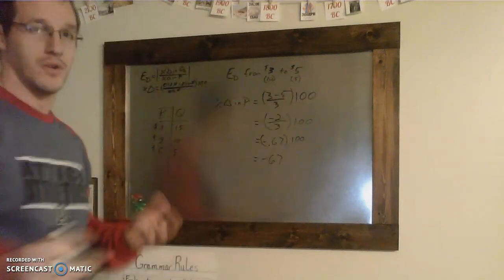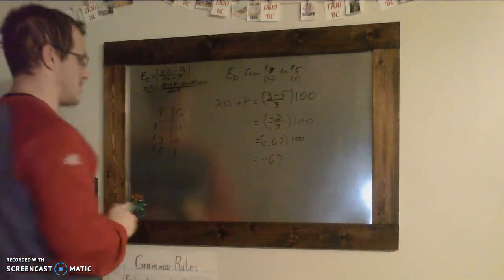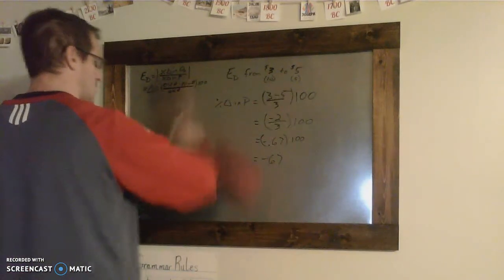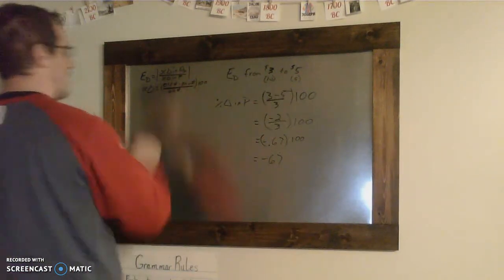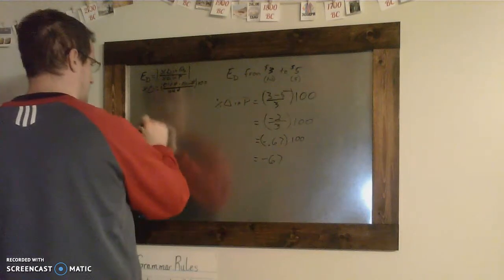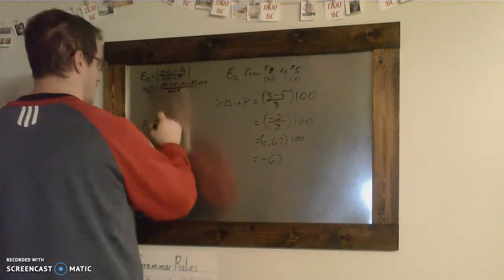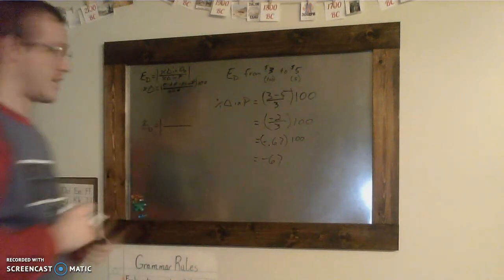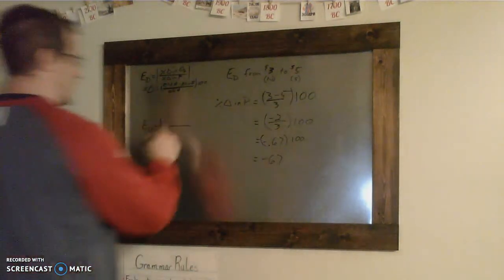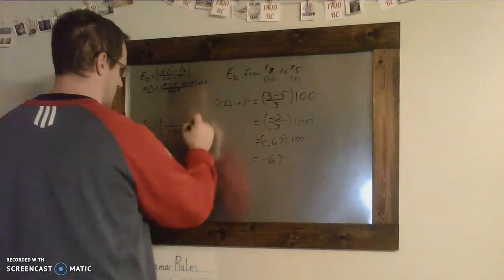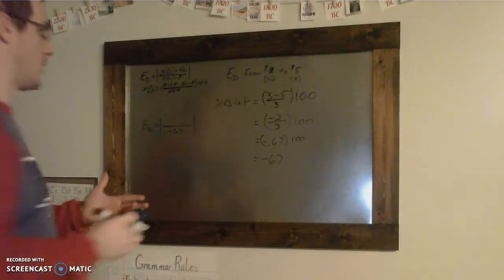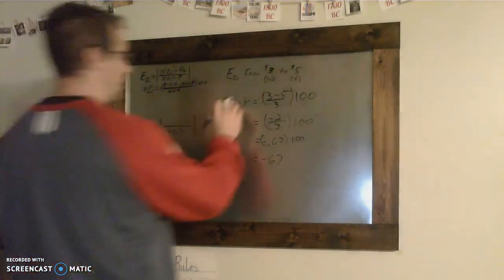Again, I'm just doing this because I don't have as much space as I would at school. Because what I'm going to do now is I'm going to rewrite that elasticity of demand equation. Only now I can write, instead of percent change in price, I can plug in now this negative 67. Okay, I'm going to leave that top part blank because we're now going to do percent change in quantity demanded.